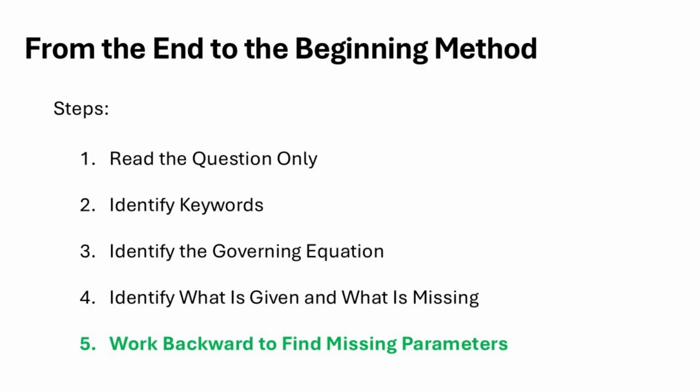Step number 5. Work backwards to find missing parameters. For parameters that are not given, let's ask, how are these typically obtained? Is there another equation that we can use? Is there a chart that we can use? Is there a table that we can refer to? Is there a graph that we can find somewhere? And this is where the method earns the name, from the end to the beginning.